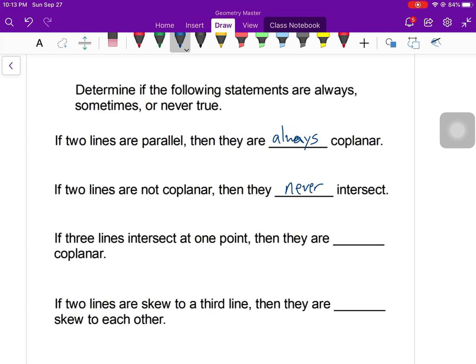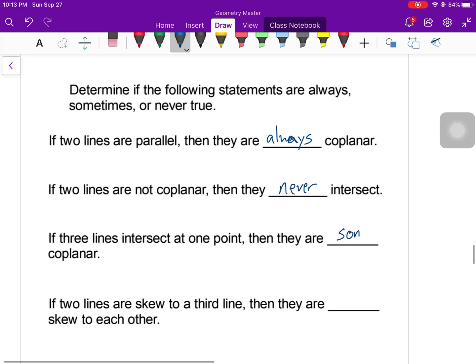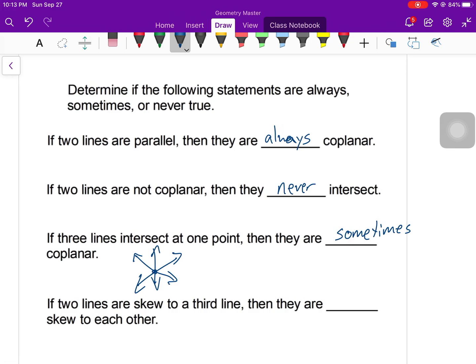If three lines intersect at one point, then they are sometimes coplanar. An example of when they are coplanar is really easy. Just like that. They all intersect, and they're all on this picture. When they're not coplanar, if I have two lines going this way, that's fine.